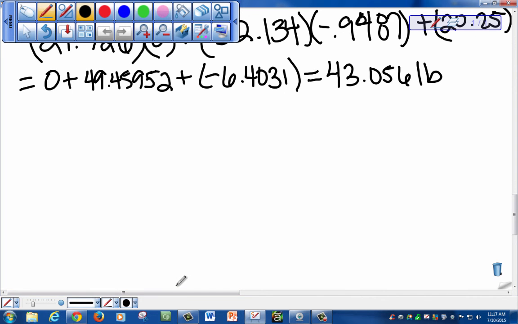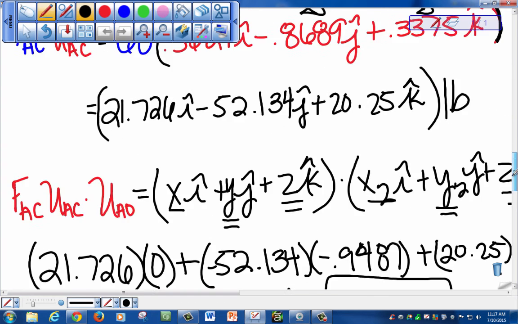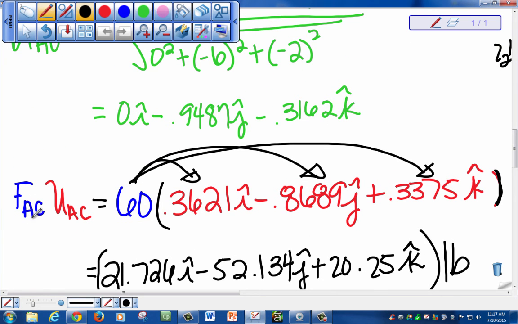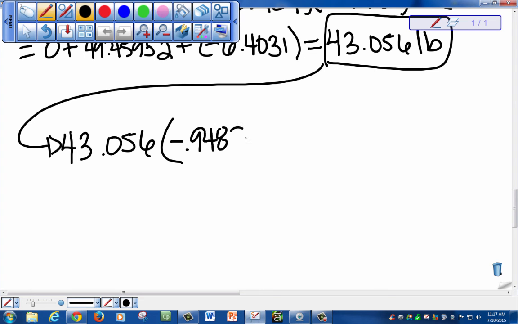We need to make this into a Cartesian vector. So to do that, we're going to get this force that we just calculated and do the exact same thing that we did back in the beginning when we were finding the new force AC. We're just going to multiply it with its unit vector. So I'm going to say 43.056 times negative 0.9487j minus 0.3162k.